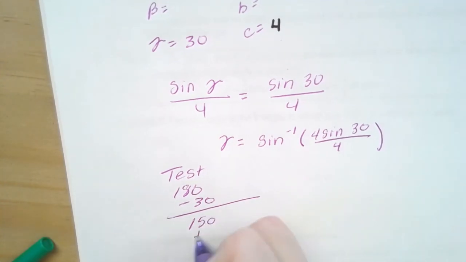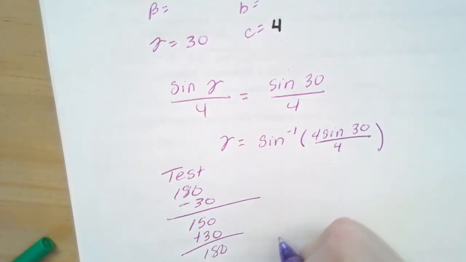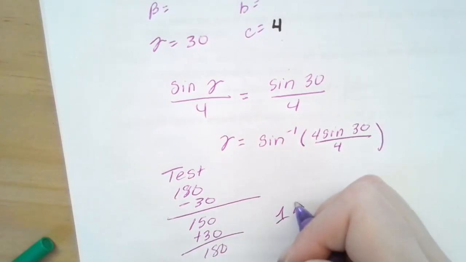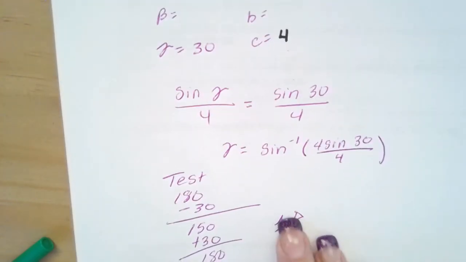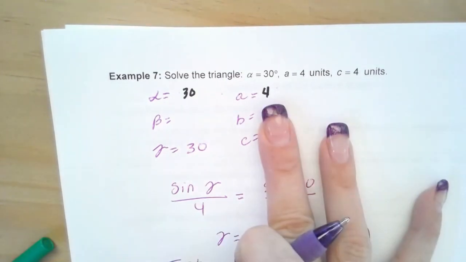And then we add our angle given, and we get 180. There is nothing in there that says anything about equaling 180, but the truth is that means there is only one triangle.